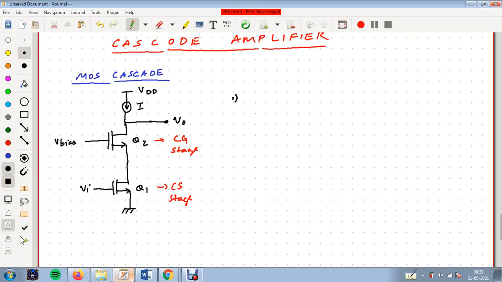Some points here. First, because of Vi, the input voltage, there will be a drain current gm1 times Vi flowing through Q1, at the drain side.